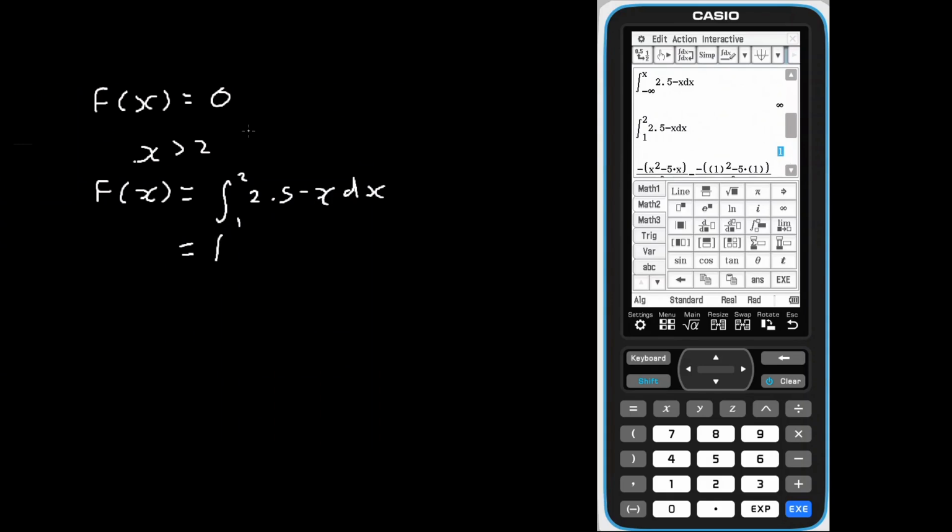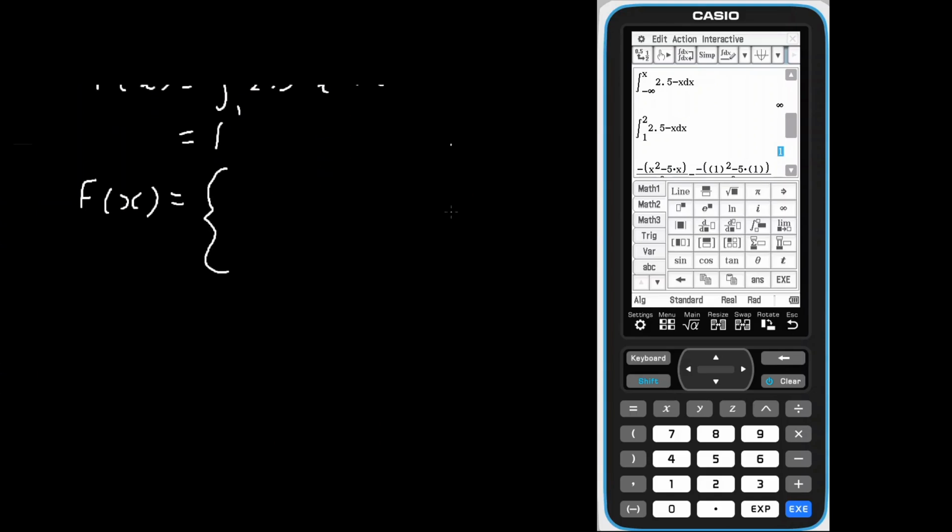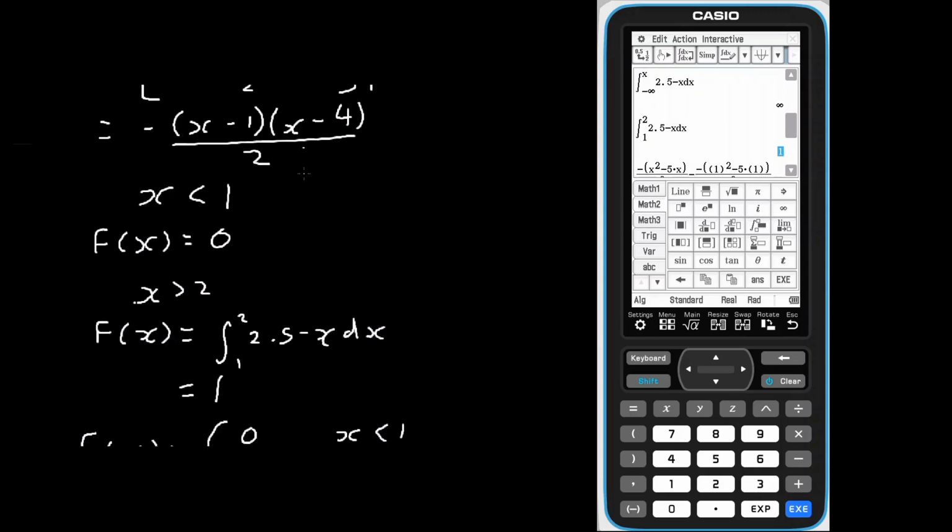Okay, so now what we can say is that f of x is a piecewise function. We can say f of x is equal to, do the big curly brackets, and it's going to be 0 for x less than 1. And it's going to be that kind of crazy function that we figured out earlier, the one that we factorized.